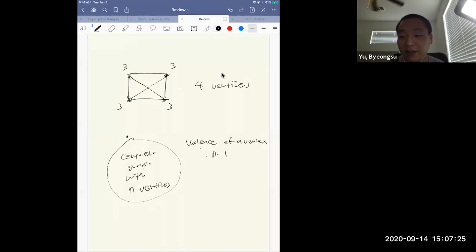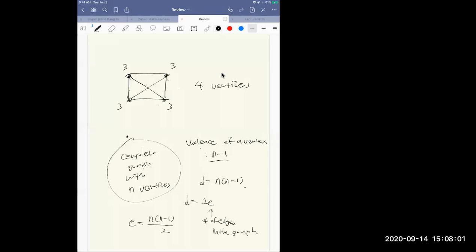For each point you have a pair with all other points, so each has degree n minus 1, and we know that there are n vertices. So the sum of all degrees is n times n minus 1, and we know that the sum of degrees equals 2e, where e is the number of edges in the graph. So e is n times n minus 1 over 2.